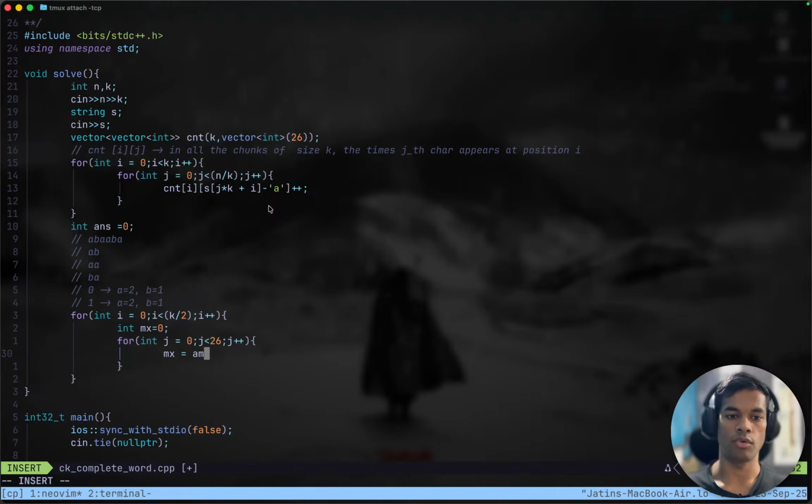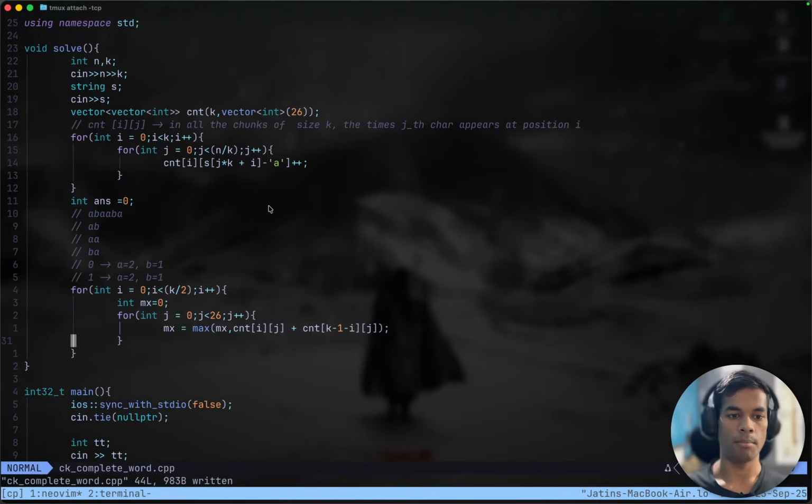So mx is going to be the maximum of whatever mx already is, or how many times the jth character is appearing at index I, which is cnt[I][j], plus how many times this same jth character is appearing on the opposite side. And the opposite side is k minus 1 minus I, this jth character.